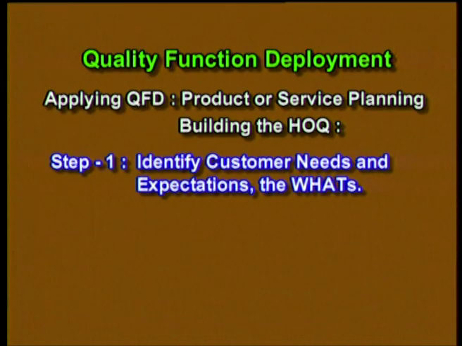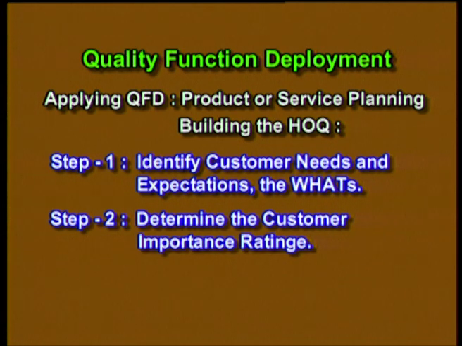First step, the voice of the customers must be heard. Who are the customers, what their requirements are, the features that they want, and you identify those as whats. Second, how important are they on a 1 to 5 scale, 5 is the most important, 1 is the least important.